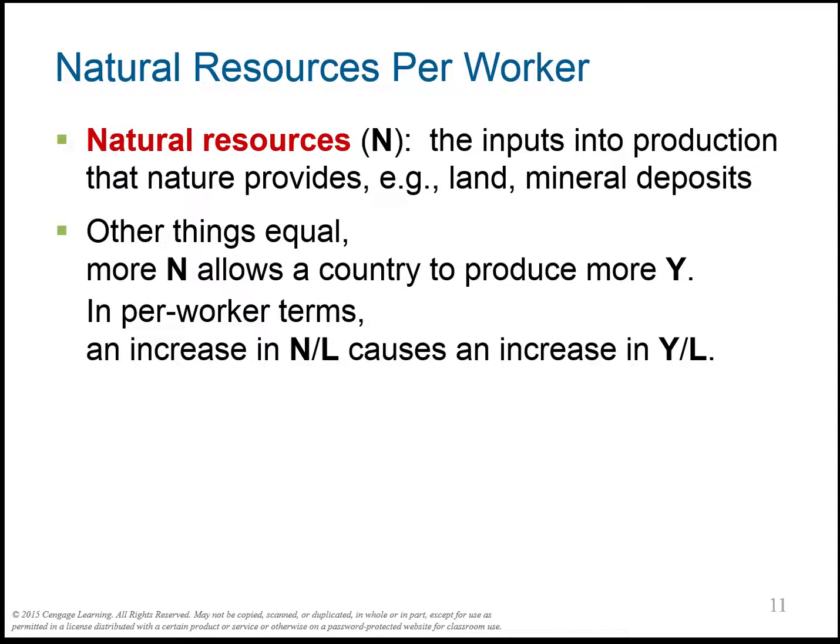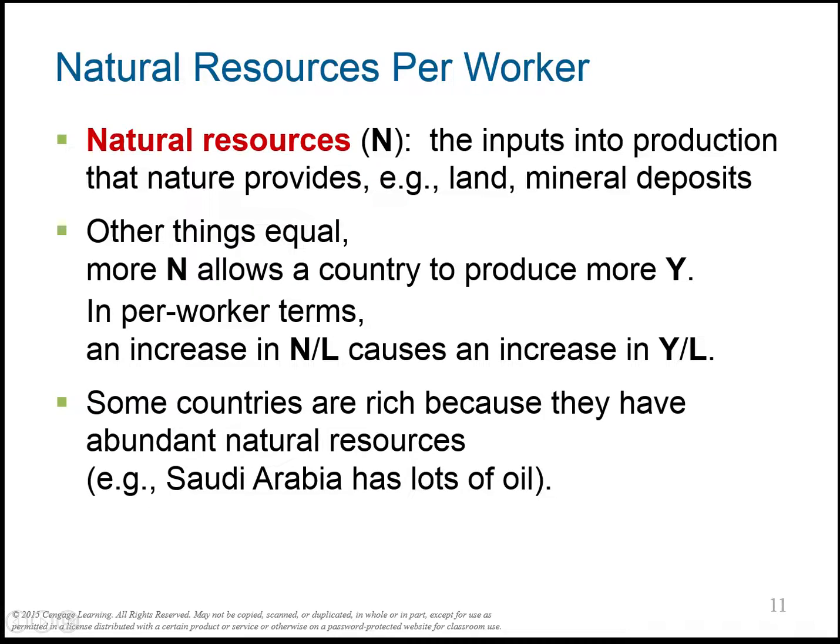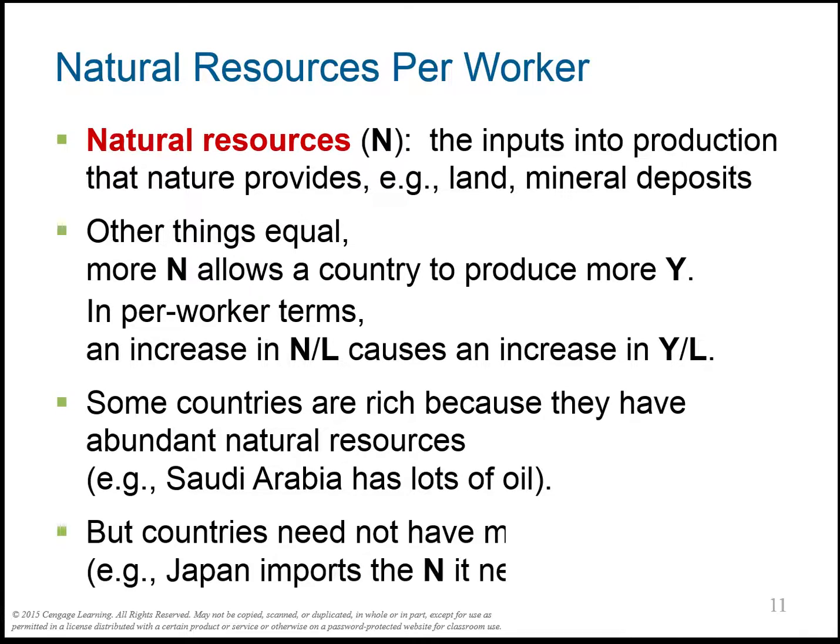If N over L goes up, this is just natural resources divided by the number of workers, how much natural resources each laborer gets to use, which means each laborer's output is also going to go up. Some countries are rich, they have a lot of natural resources, like Saudi Arabia. Some countries import a lot of N, for example Japan.